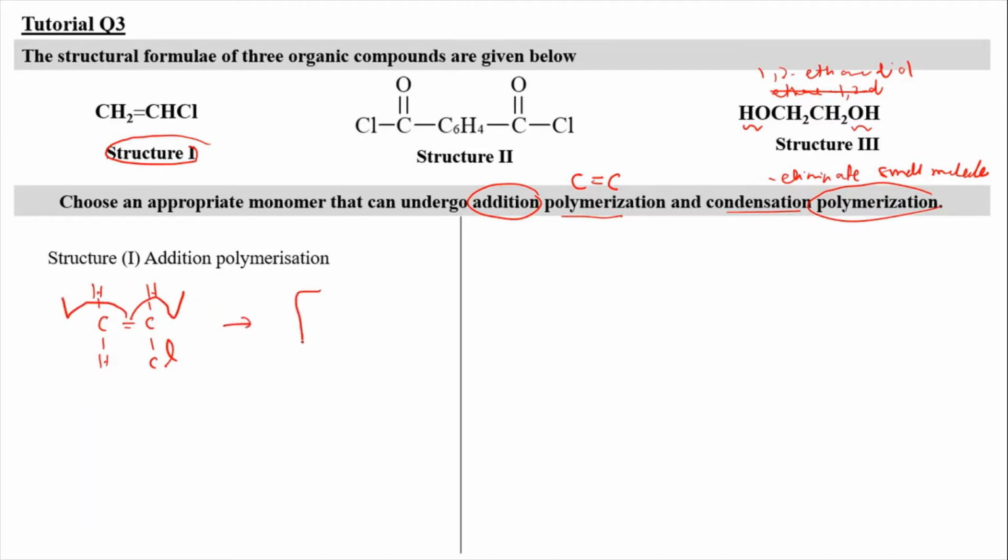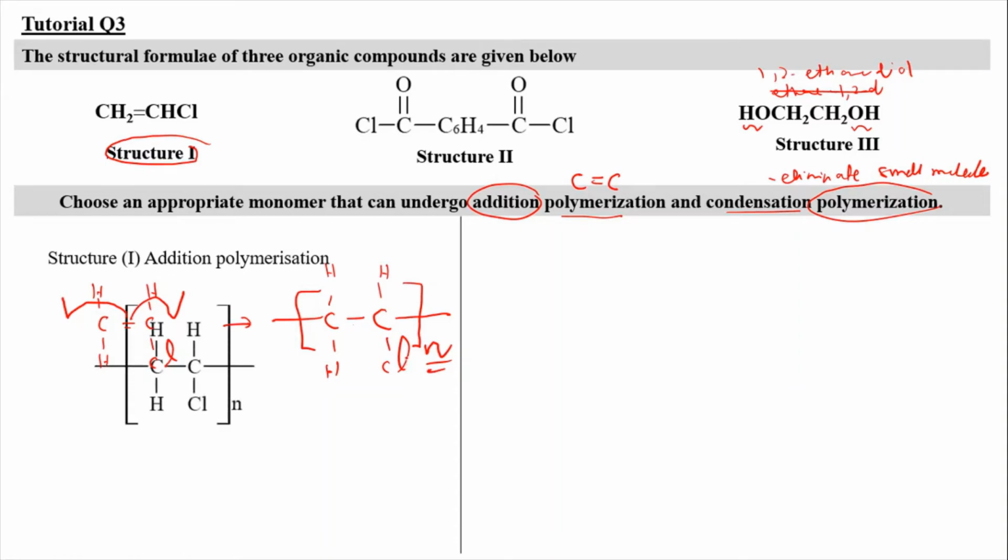Because the double bond just now is going to be broken apart, it's going to become a single bond: H, Cl, H, H, and then it's going to make a new attachment here and another attachment here, and then we close the bracket and put N, which refers to the polymer. So for the polymer, we can write it like this as the answer.